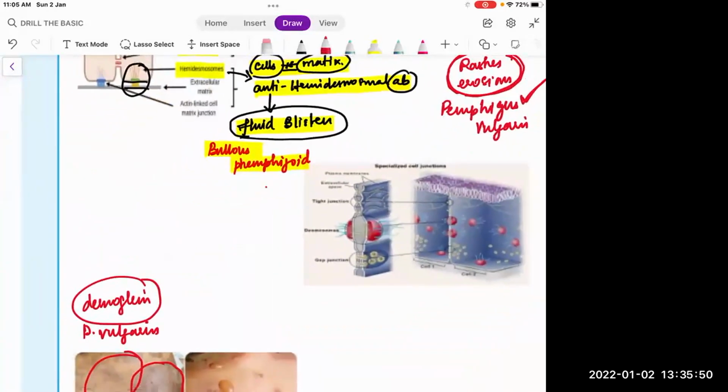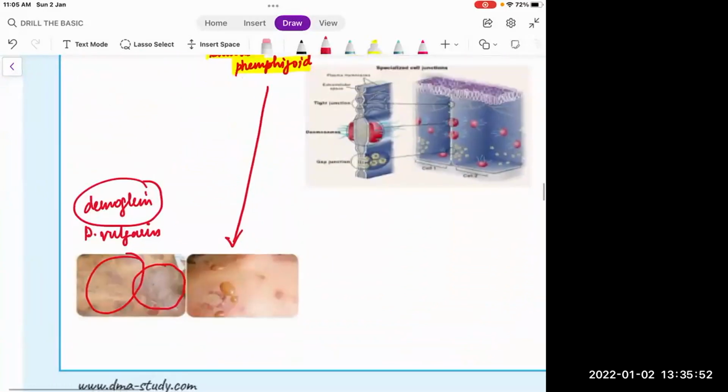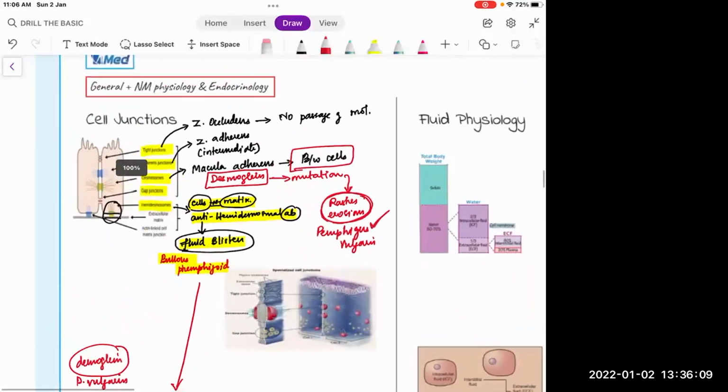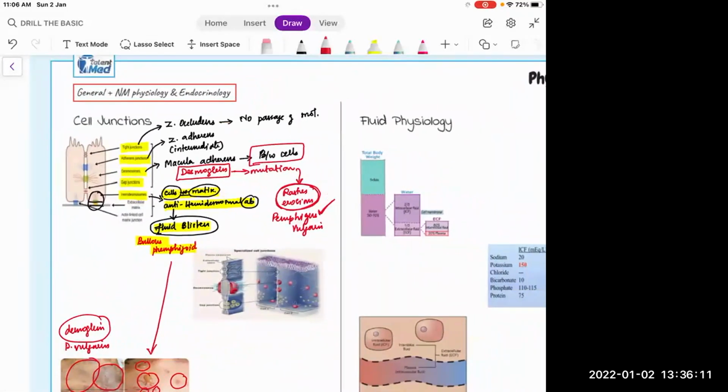Whereas in pemphigus vulgaris, erosions and rashes alone are seen. But here you will encounter all the fluid blisters. So this is how you have to identify what is happening.